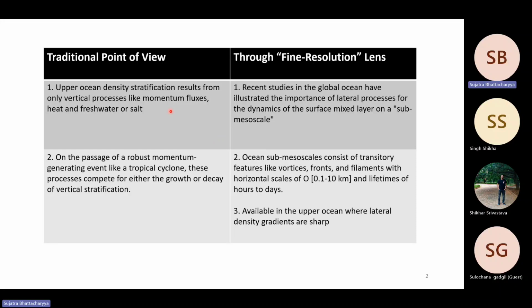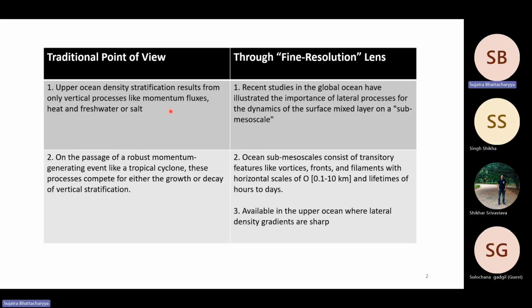From the traditional point of view, when a cyclone or hurricane passes over the ocean surface, as you see in observational data or coastal model data, the response is mostly a change in the density stratification, which is mostly the vertical component of the stratification.